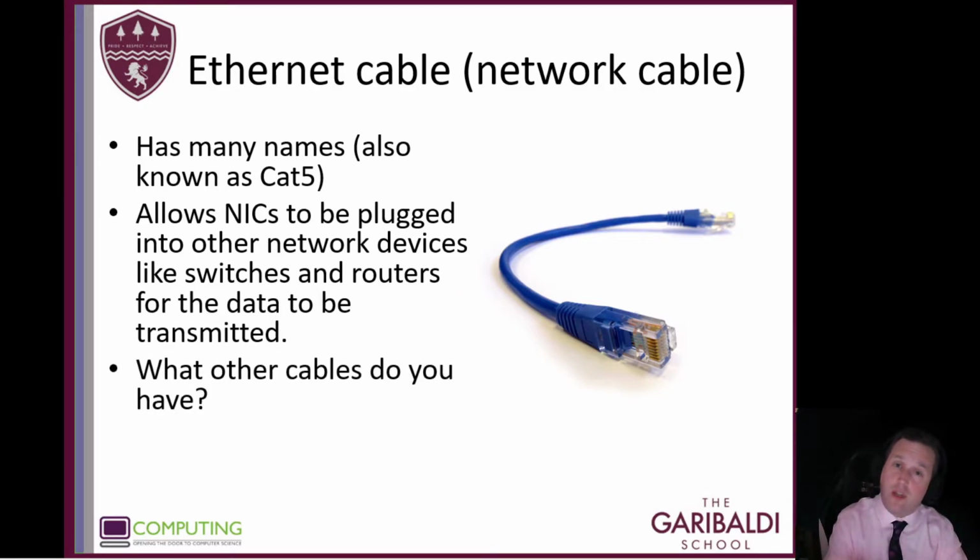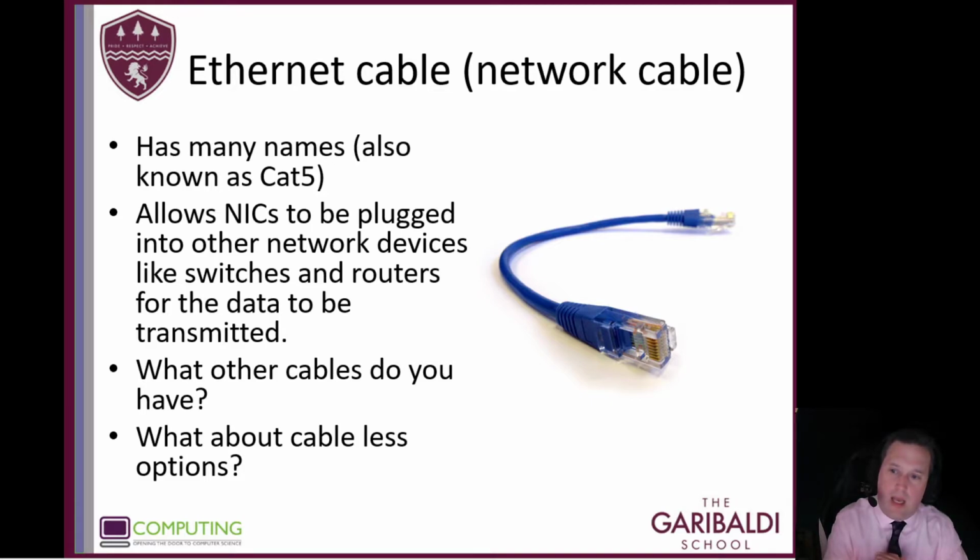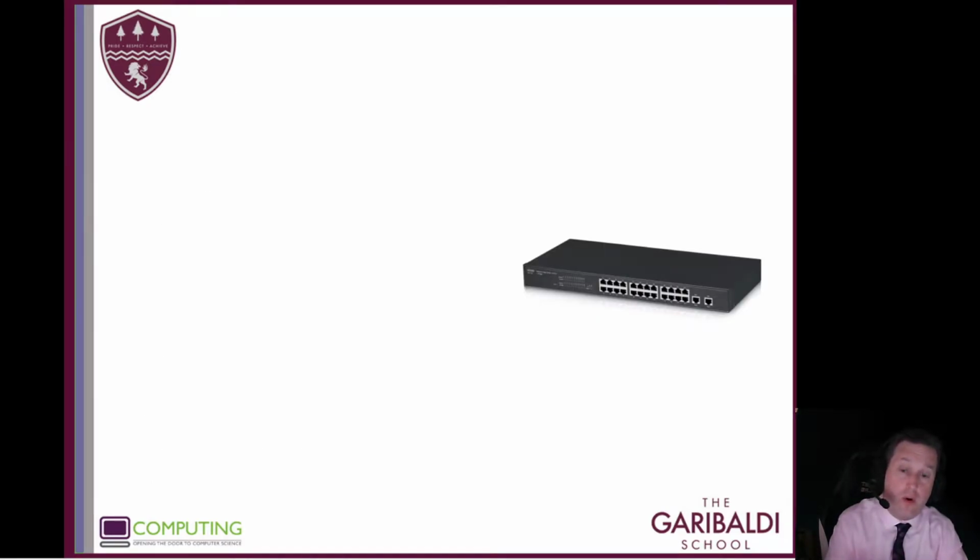There are other cables you need to be aware of, and I'll talk about them more another time, but optic fiber being one if you want to have a look, but this is the main one for now that we need to think about. And we know about Wi-Fi, or you will know more about Wi-Fi when we look at that again as a focus network. This is a big topic, and I'm just going to go through some of the core of it today.